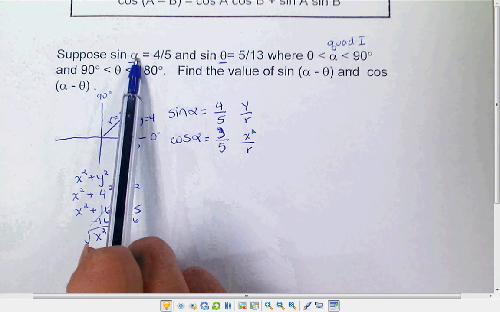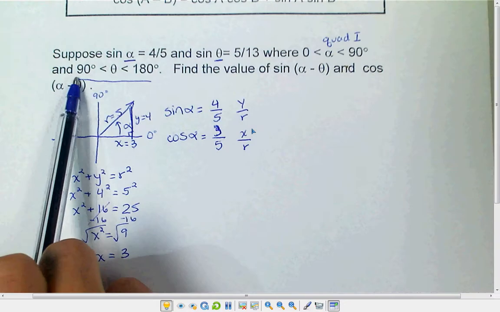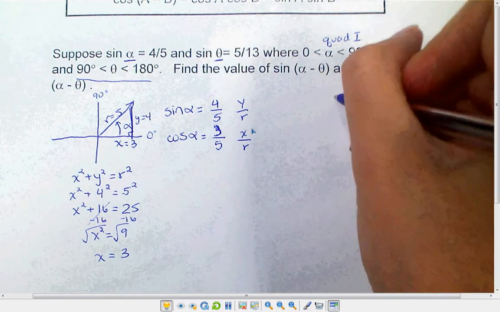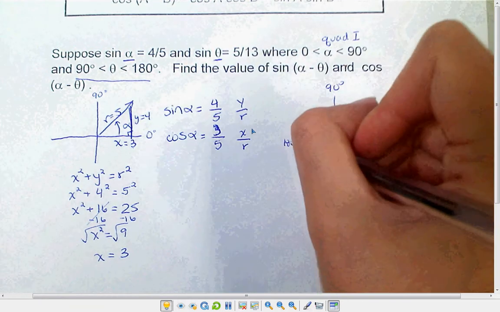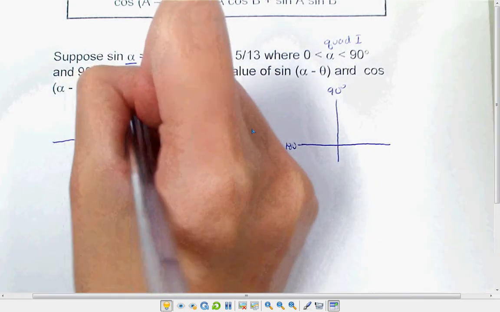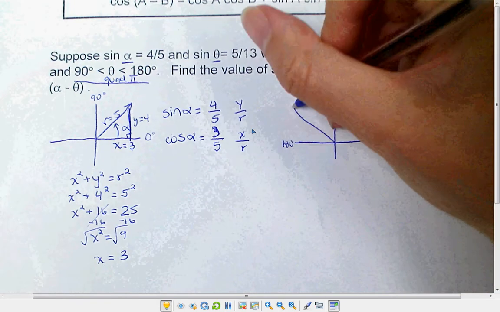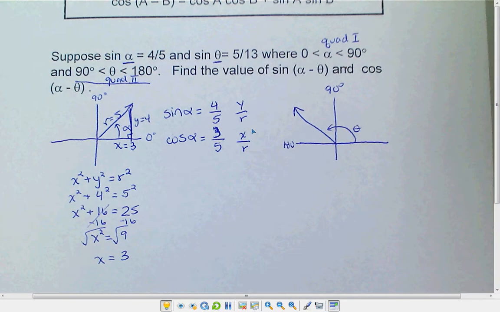I'm going to do the same thing now for theta. So this angle is between 90 degrees and 180 degrees. So here's 90, here's 180. This tells me that theta is in quadrant 2. This is my theta.